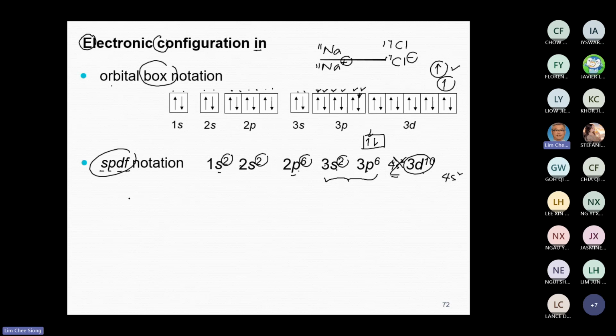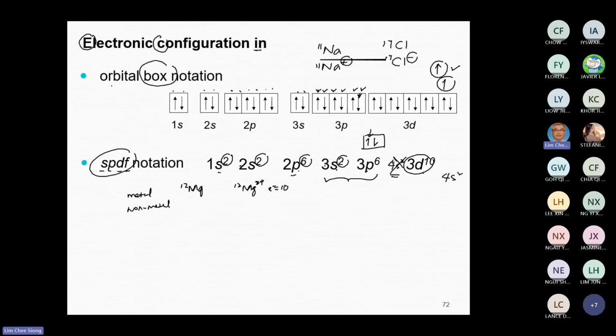For example, you have to verify whether it is a metal or a non-metal element. For example, magnesium. Magnesium has atomic number 12. We know that there are 12 protons and 12 electrons in the atom, normal, no charge. But when it becomes magnesium 2 plus, the atomic number is still the same. The protons won't change, but what changes is the number of electrons. So what will the number of electrons be?